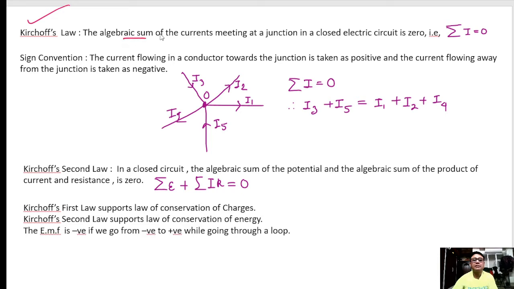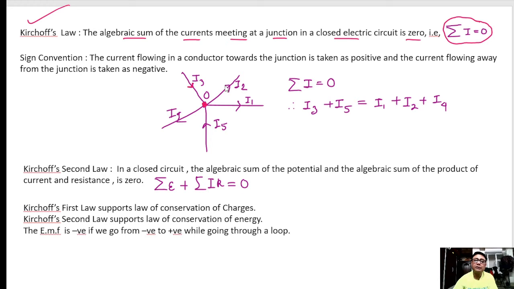The algebraic sum of the currents meeting at a point or at a junction in a closed circuit is 0. That means the total current meeting at a junction will be 0. For example, this is the junction. In this junction, there is a current coming in, I3.